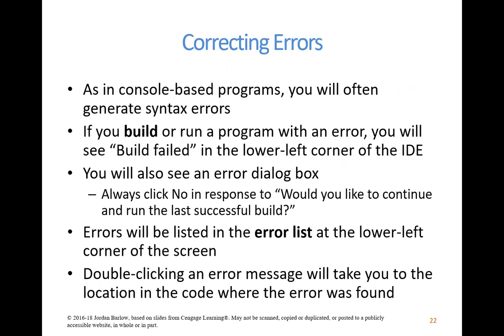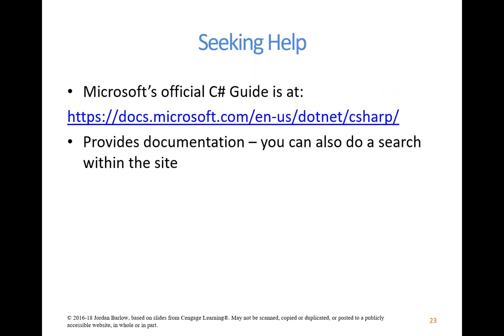I'll do some errors, some purposeful, some not, and I'll show you how Visual Studio handles those. And then at the end of this slide, I put a link to Microsoft's C# online library. So it's basically their online help function for C#, so you can refer back to that.